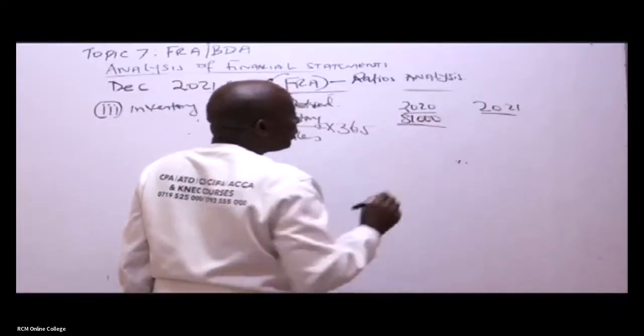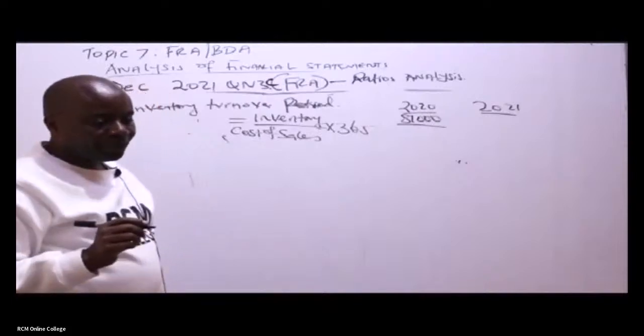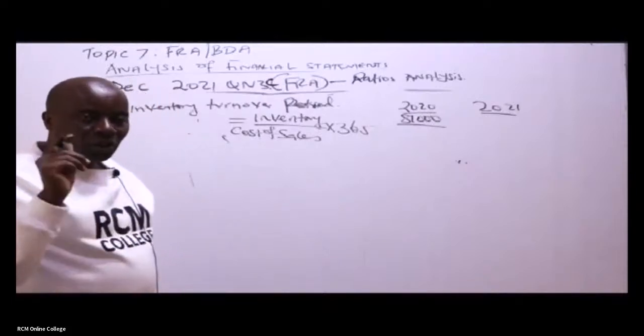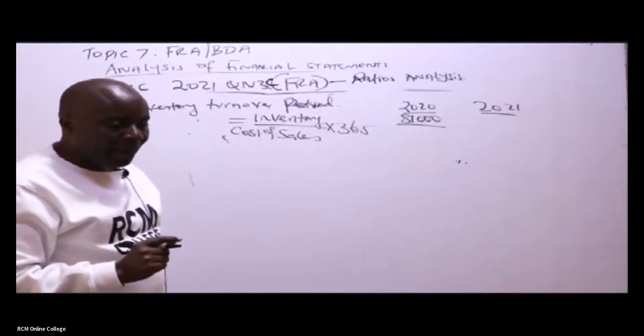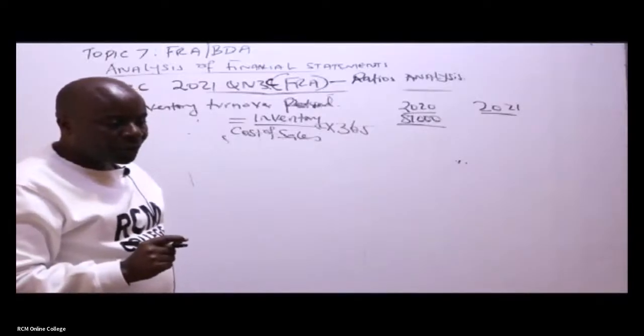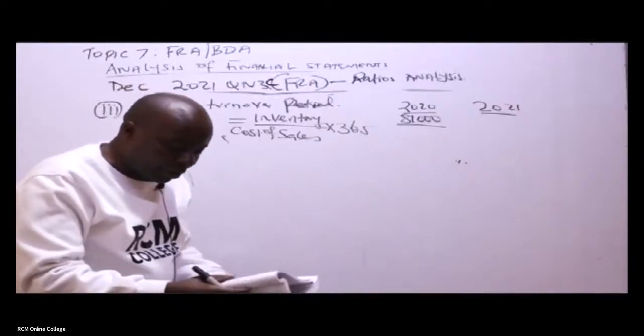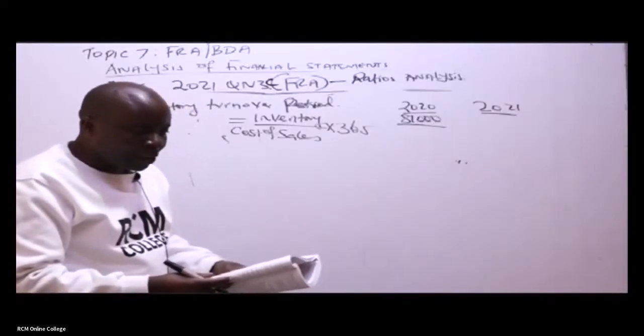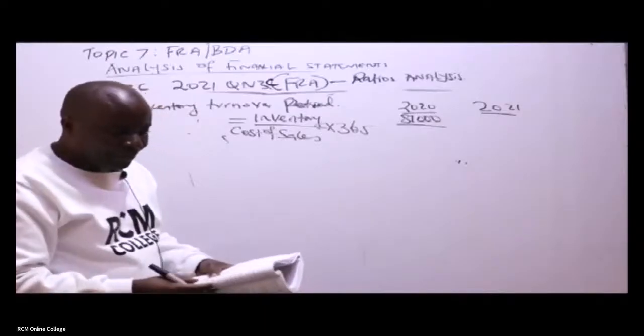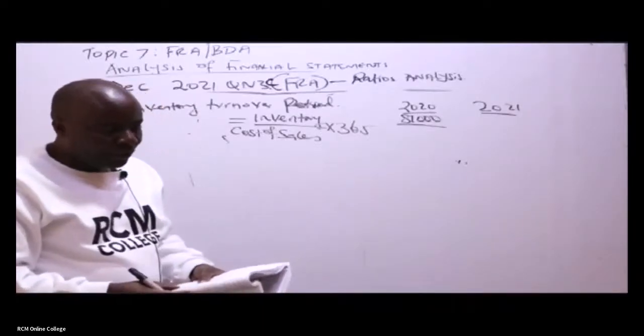Out of the cost of sales 2020. Are you able to see the cost of sales in the income statement given? Please go to the income statement given for 2020. Cost of sales 372 something, right? I have to get this from you.